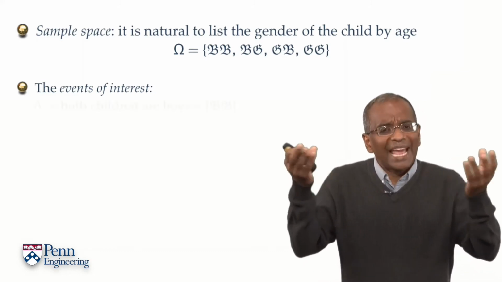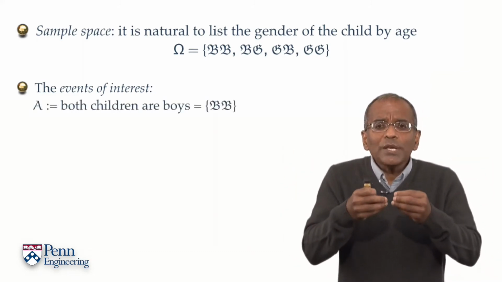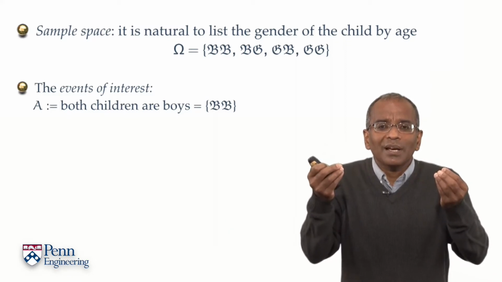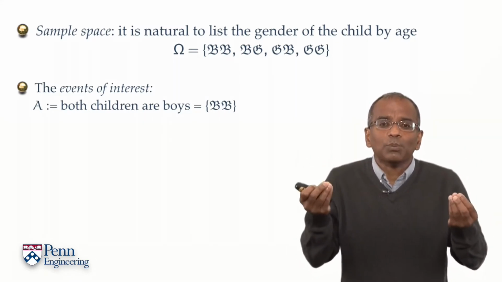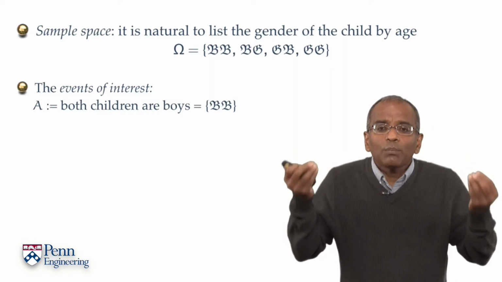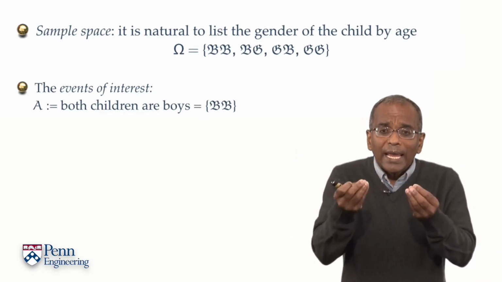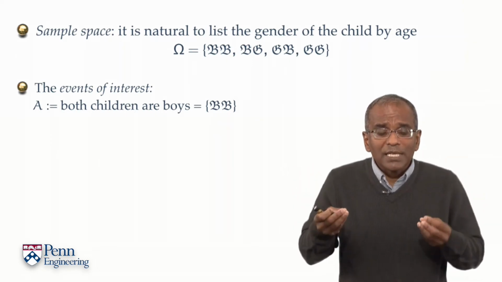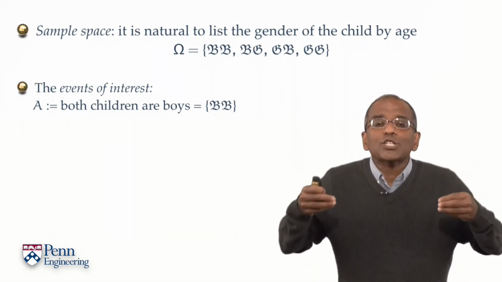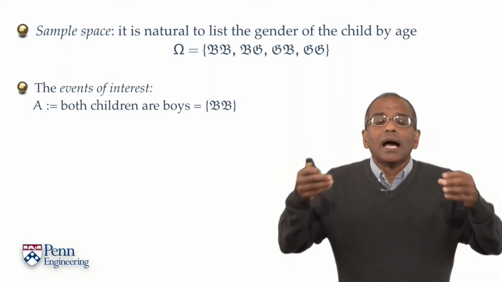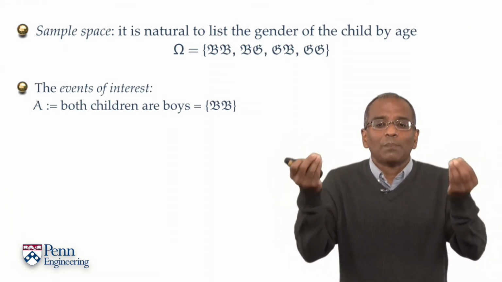Let us call this event A. Now there's only one sample point which will trigger A, and that sample point is when both children are boys. In other words, it's BB. And therefore A, the event of interest, is comprised of a single atomic event, a singleton, a set consisting of one sample point.